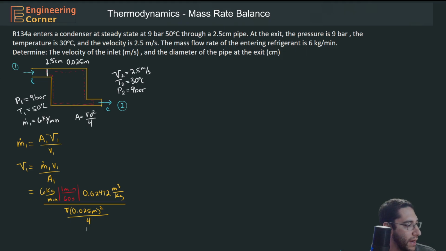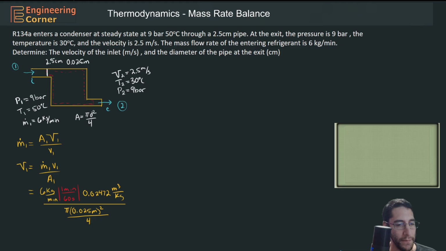And I can bring a calculator up and just calculate that. So 6 divided by 60 times 0.02472 divided by pi times 0.025 squared over 4.